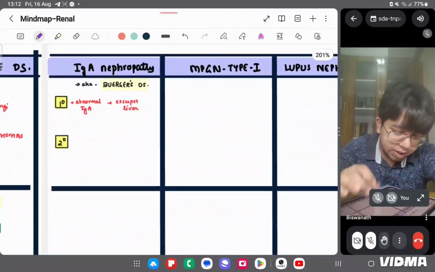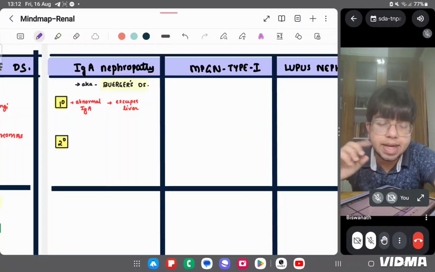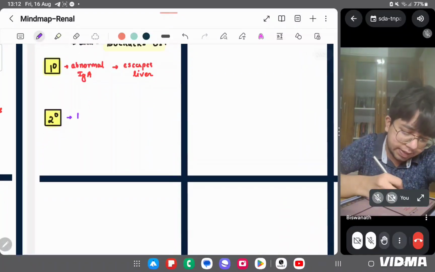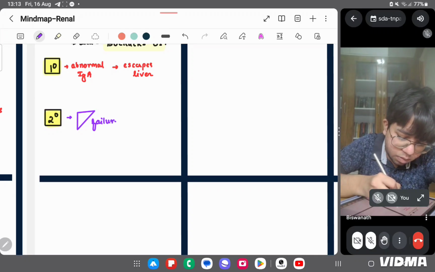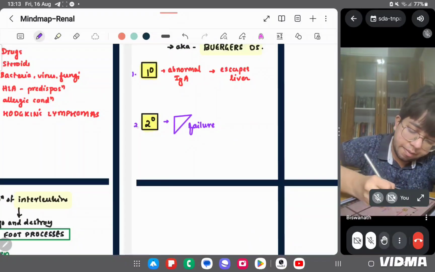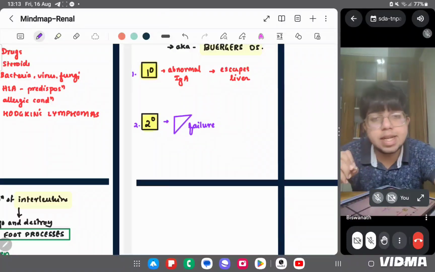So this is Berger disease, and there may be a secondary etiology, that is liver failure. If there is failure of the liver, how will it be excreted out? So two etiologies: one is the primary etiology, or abnormal IgA, or the secondary etiology, that is liver failure.